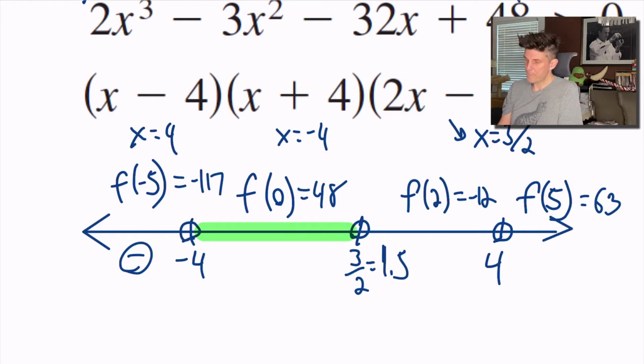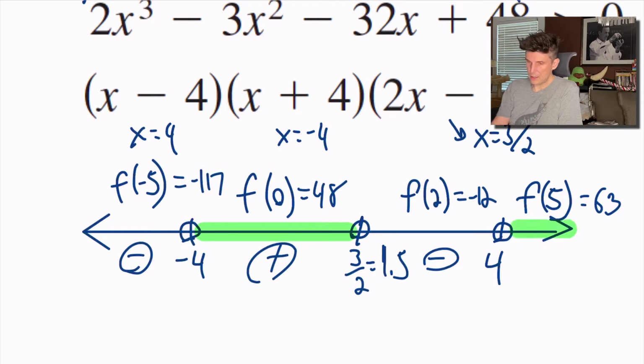And then when you plug in 2, you see that the graph goes negative, so it's negative there. We don't want it to be negative, so I'm not going to highlight that. I'm just going to point out that we have a negative value there. And then once we transition to 4, we're at 0. Something to the right of 4 is f of 5, and that's 63. It's positive again, so you would highlight that.